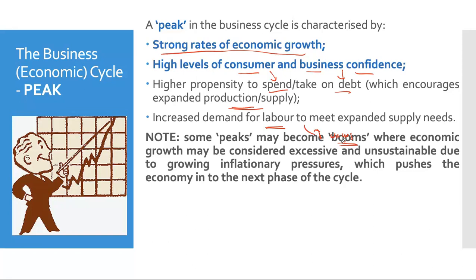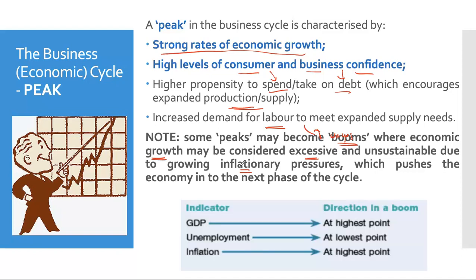Booms might sound great because the growth is really, really high, but this may be considered excessive and unsustainable due to the pressure of inflation. We'll talk a bit more about inflation, but if growth goes too far, we might start to see our price rises going up because there's so much demand for everything. And this pushes the economy into the next phase of the cycle, which we know is a downturn.